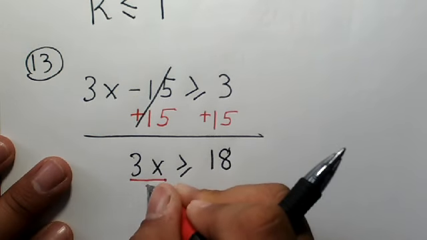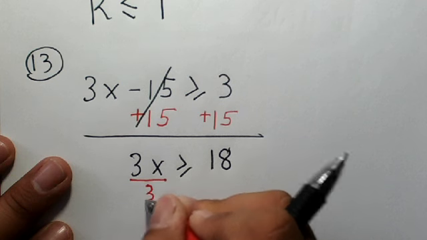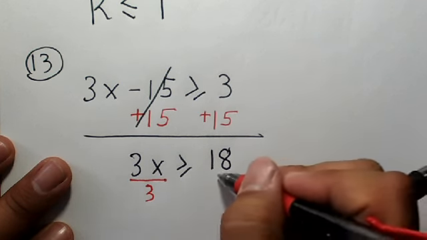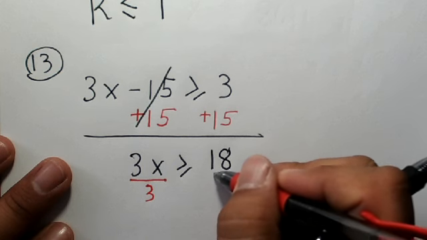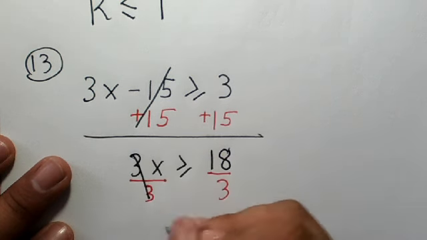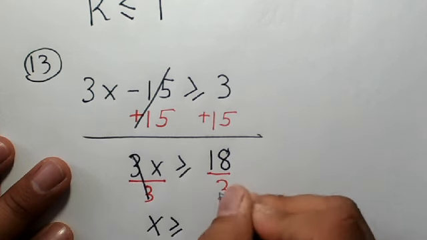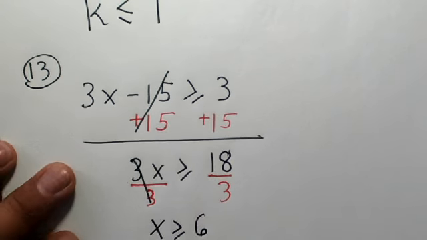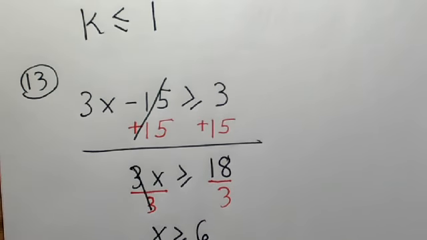Okay, so we divide by 3. So x is greater than or equal to, what's 18 divided by 3? 6. So what is your correct answer? Because it's asking you which could be a solution to that inequality.